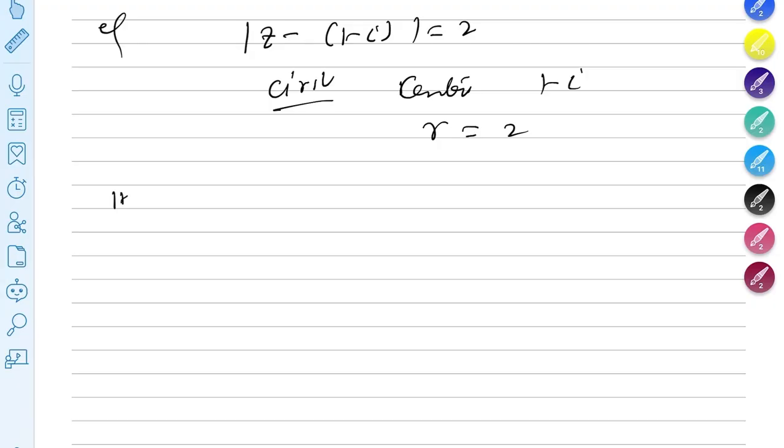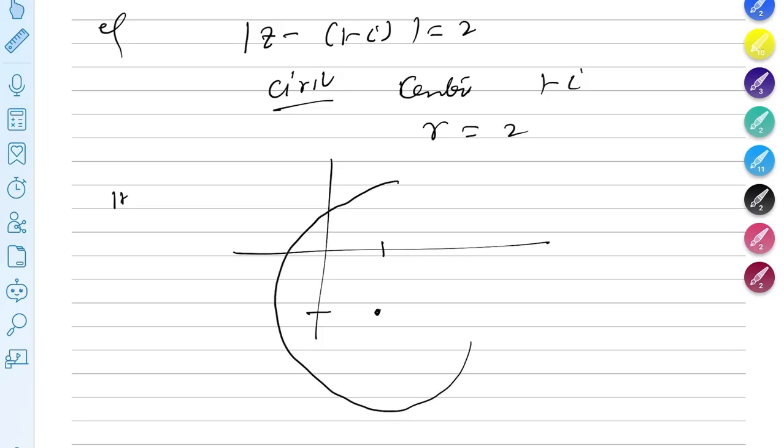Let's draw it somewhere. The center is at 1 and i. Here is the center and the radius is 2, so it will be somewhere here like this. Just a minute.